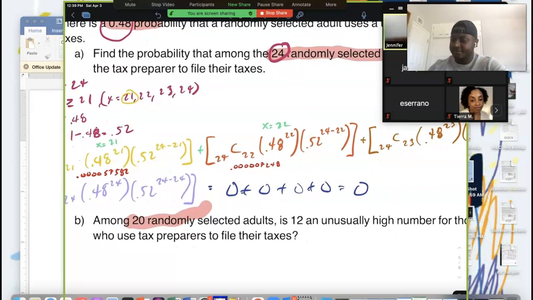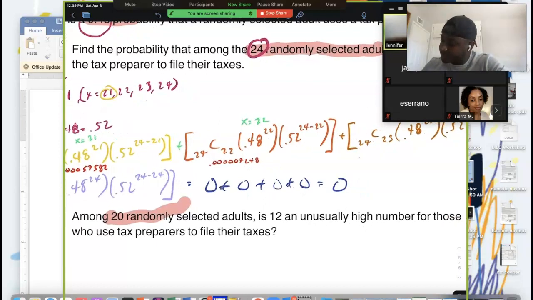Then the same thing for 23. And then this one is 0.00 1, 2, 3, 4, 5, 6, 5, 8, 2.